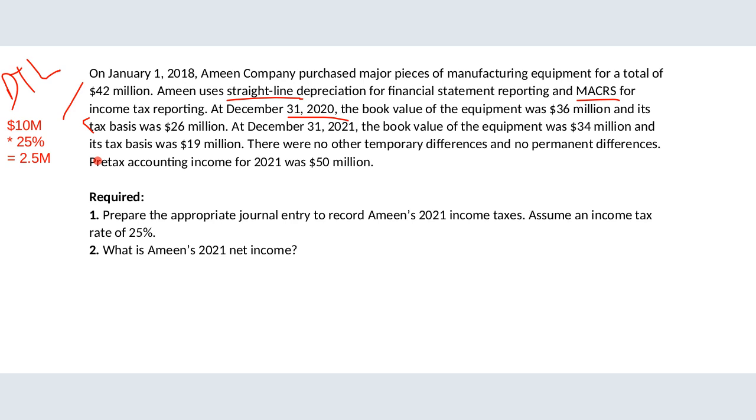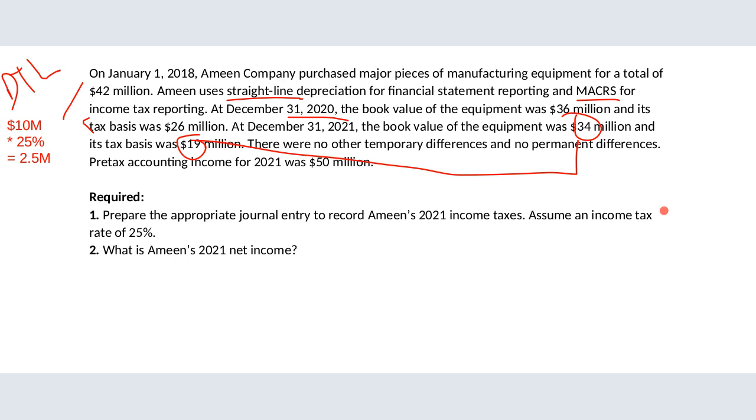And then we are given information about the current year. Book value of the equipment was 34. Tax basis was 19. So the difference here for 2021 is going to be 15. Okay.